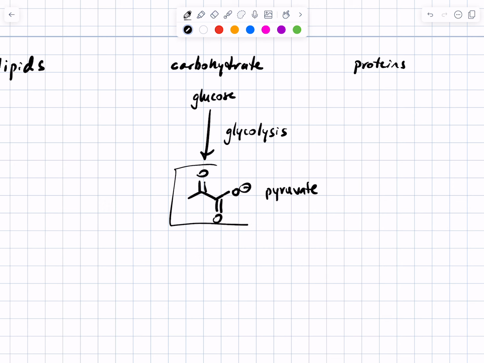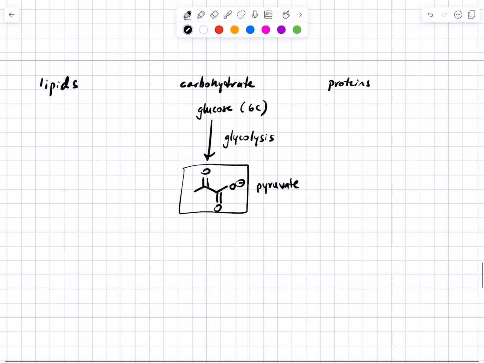Okay, that's an important intermediate. By the way, glucose has 6 carbons, so the fact that we're breaking glucose up into pyruvate tells you we must be breaking it into 2 pyruvates. And that's glycolysis. That process happens in the cytoplasm.